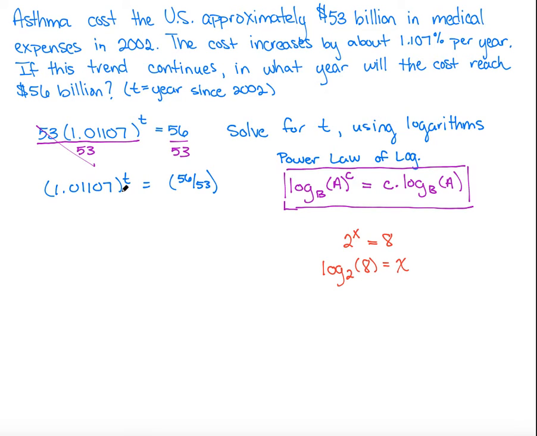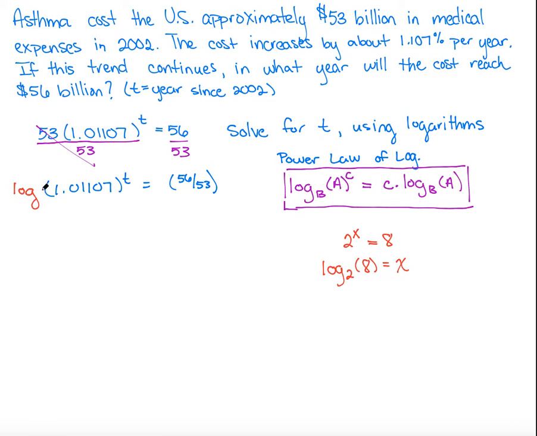So if I want to undo an exponent, its inverse is the log. But instead of taking log base 2, if I can get t by itself by taking the log base 10, that would work out really nicely, because my calculator has log in base 10. So I'm going to take the log base 10, and even though I wrote that there, I don't really need to. If we just write log, then we know that means log base 10.